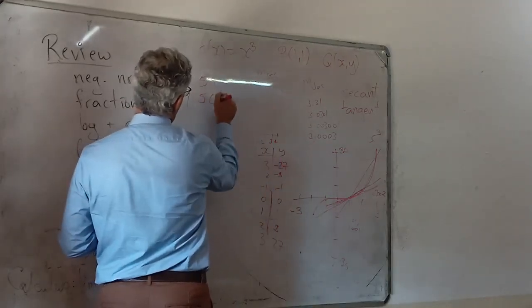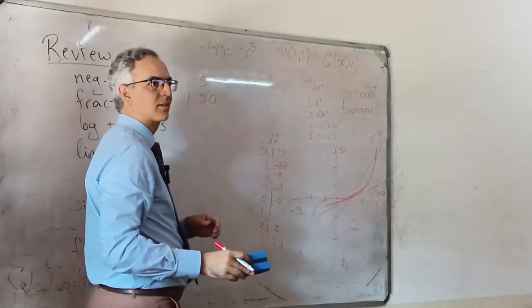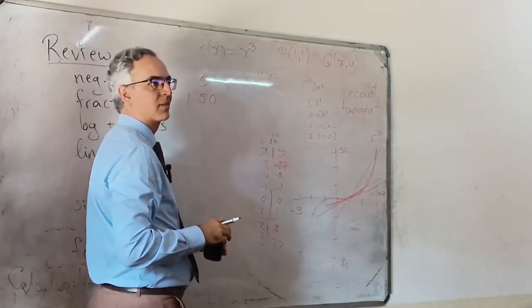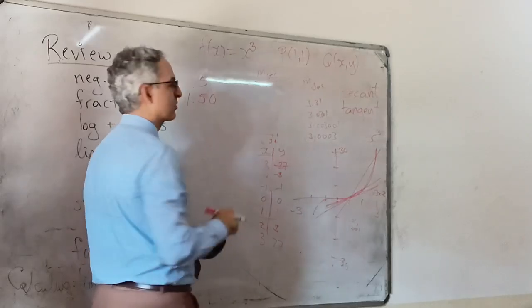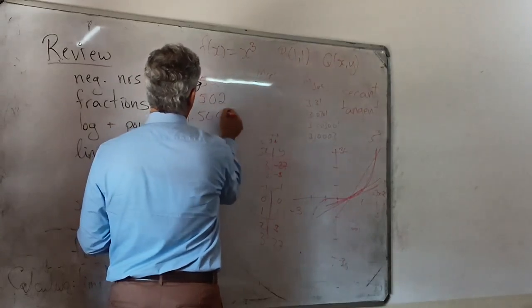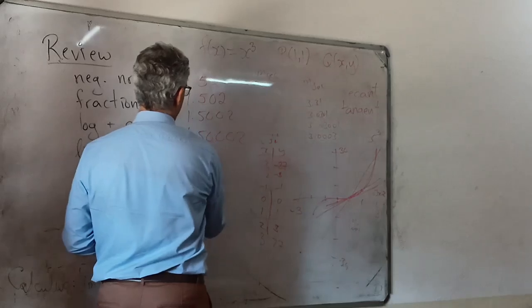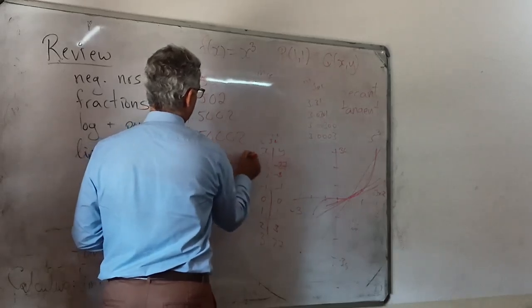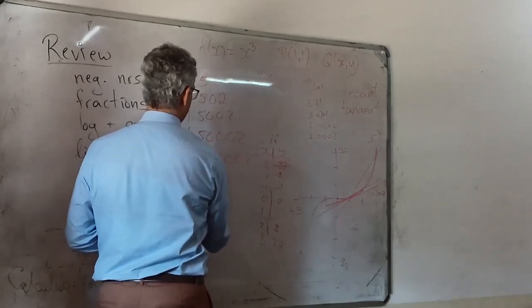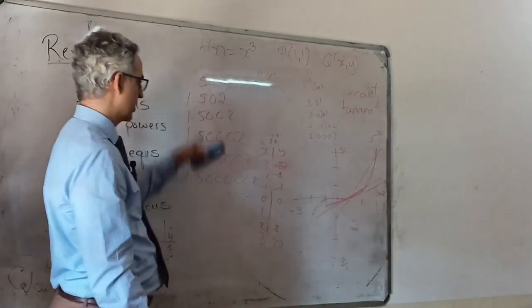It doesn't have to be. What number do you like? What's your favorite number? Anyway, 2.52, 1.502, 1.5002, 1.50002, and so on. What number is this approaching?